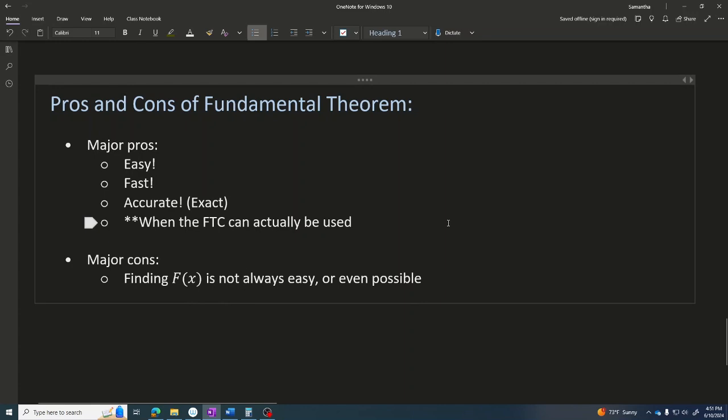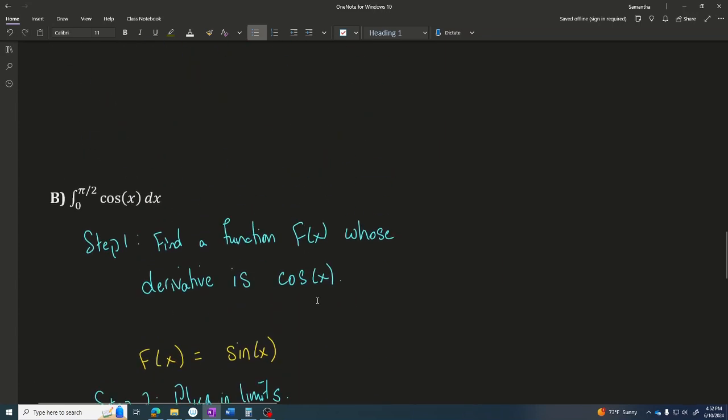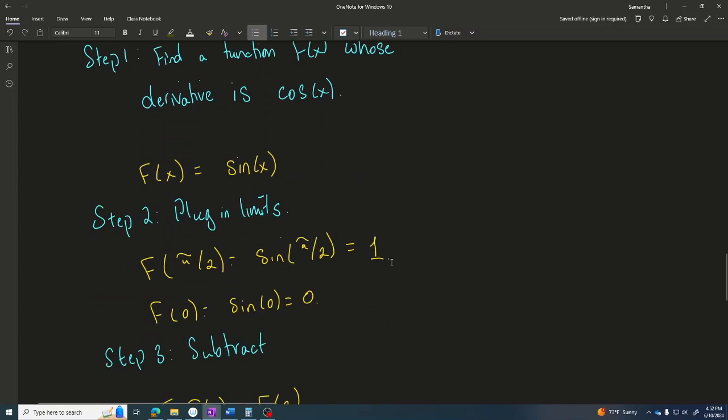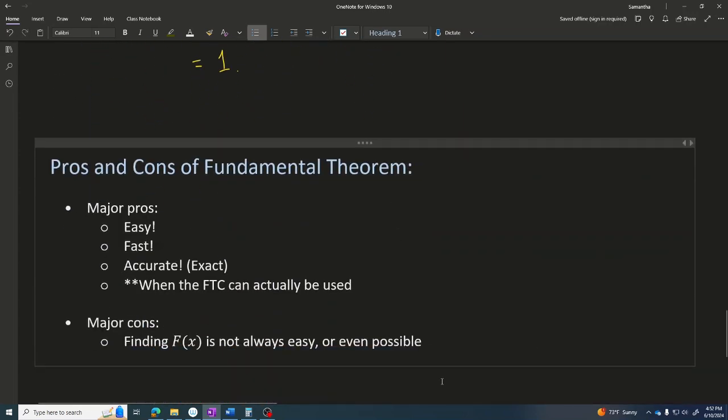However, even by the time we get to the end of this class, there will still be many, many situations where you cannot find this function F of x, and therefore you cannot use the fundamental theorem. So bear that in mind. This is a beautiful tool, but it cannot be used in every situation, and that's because of this drawback right here. Step number one can be very difficult sometimes, and we will explore that in the next couple of episodes.